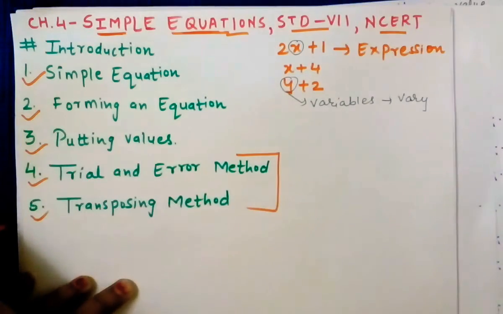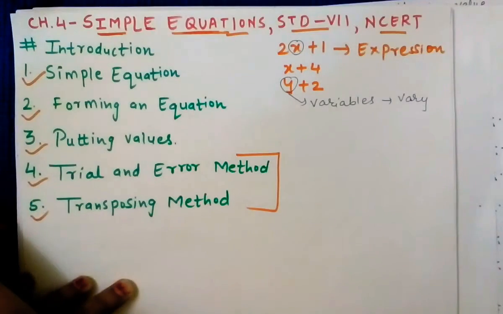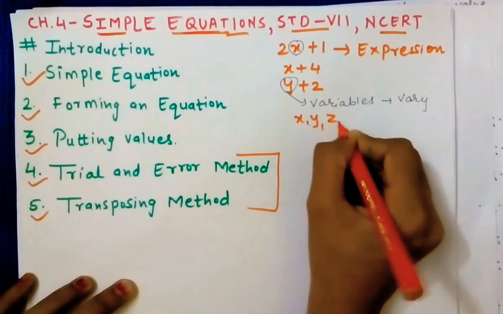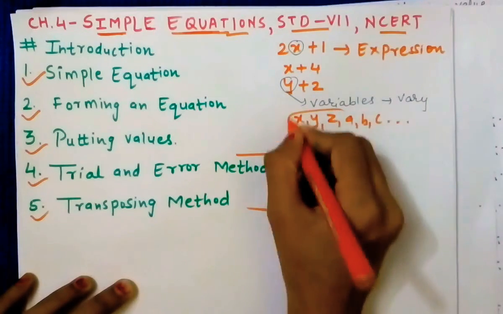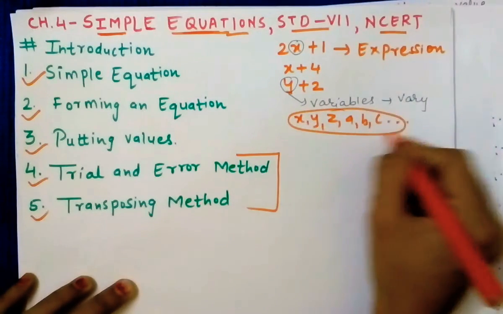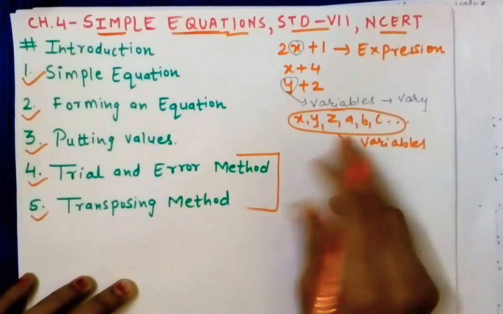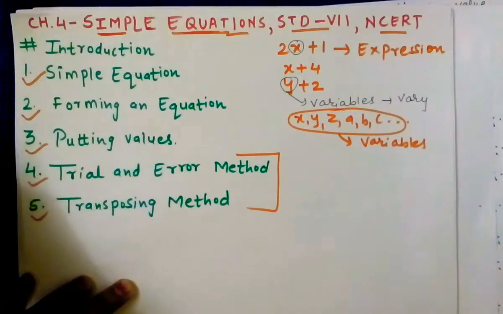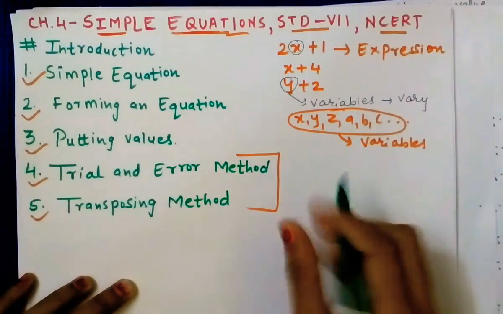We will be finding out this unknown value of the variables. So x, y, z, a, b, c, and so on, they are all called variables. It can take any numerical value. Its value is not fixed. That is why it is called variable, because it keeps on changing, it keeps on varying.